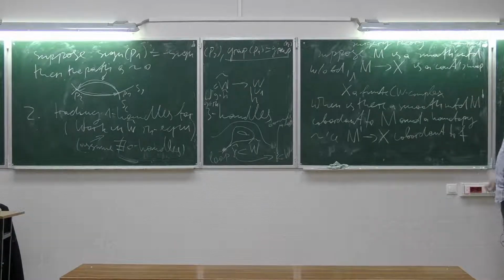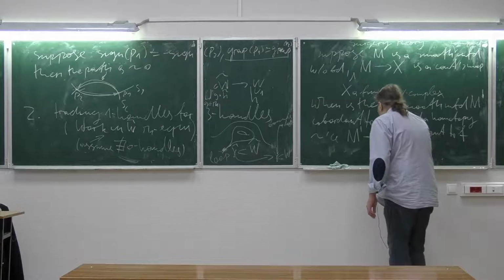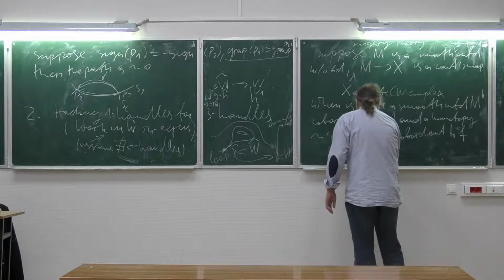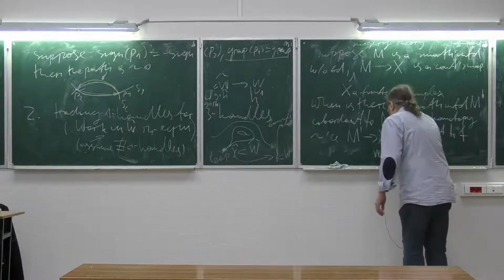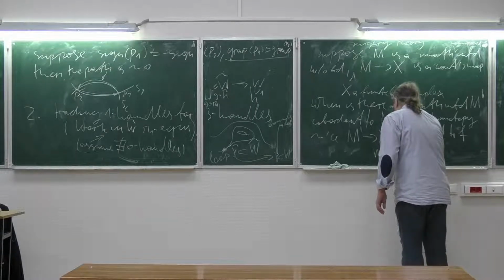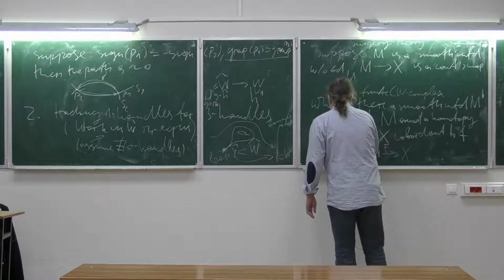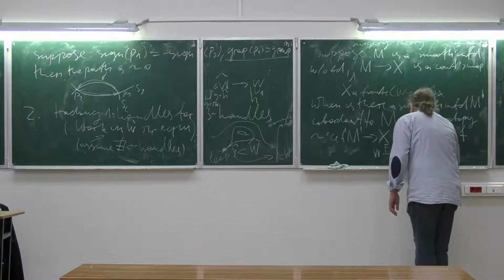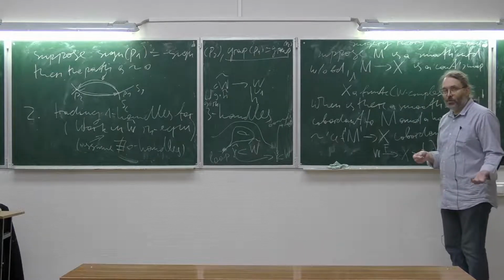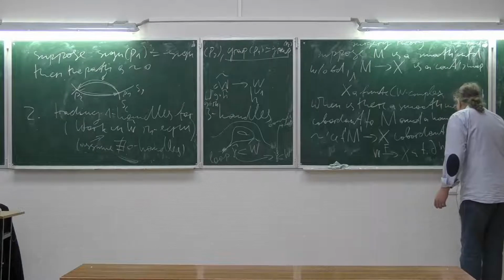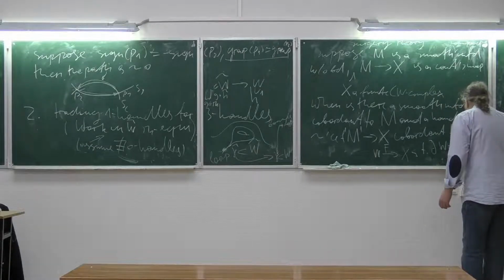What is this supposed to mean? Well, I will give a more technical definition shortly, but what I want is to have a map capital F from W to X such that W is a cobordism from M to M prime, so the boundary of W equals M disjoint union M prime.